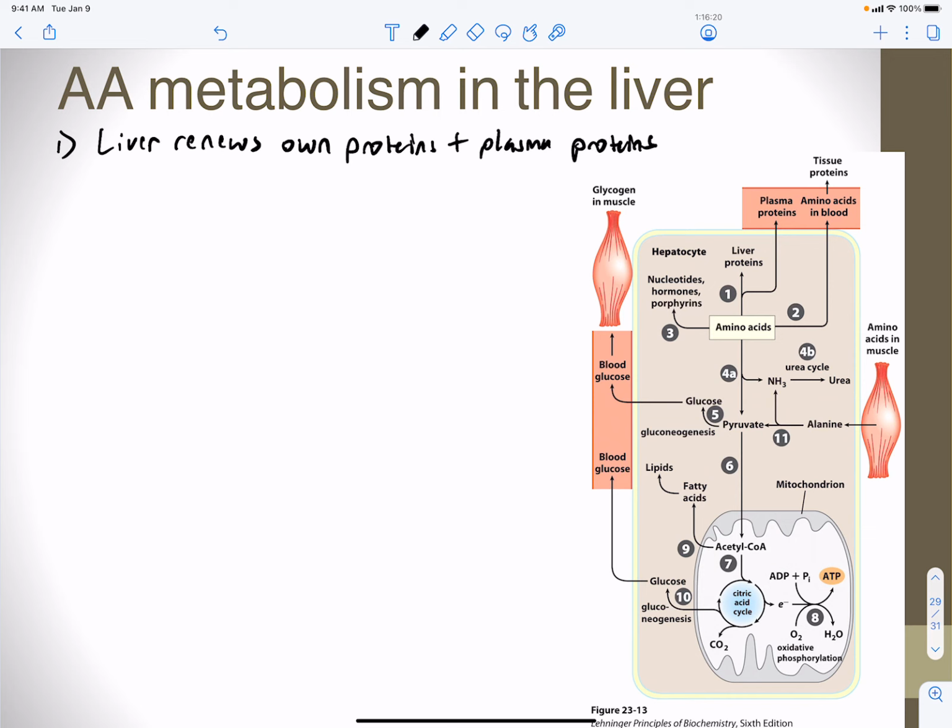And so your liver is also going to release amino acids, and these can be picked up by other tissues to use. It's also going to use amino acids to make nucleotides, hormones.